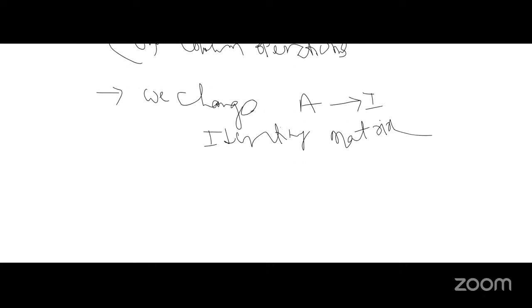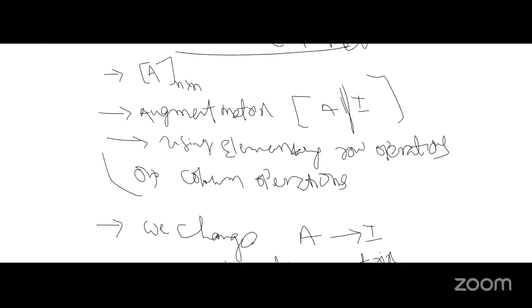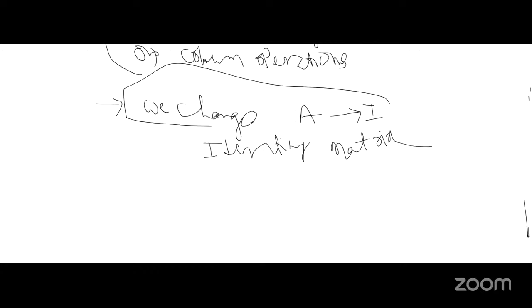So the important thing is that the matrix A, we are changing to the identity matrix. We have to change it to the identity matrix using elementary operations, row operations or column operations.